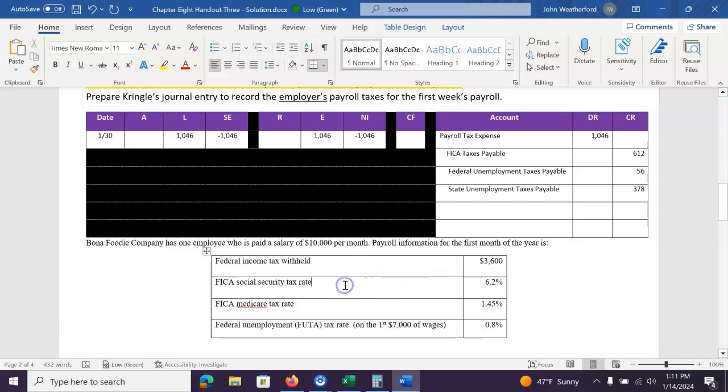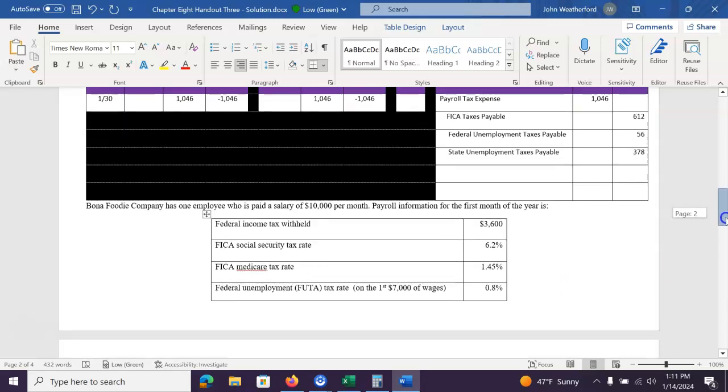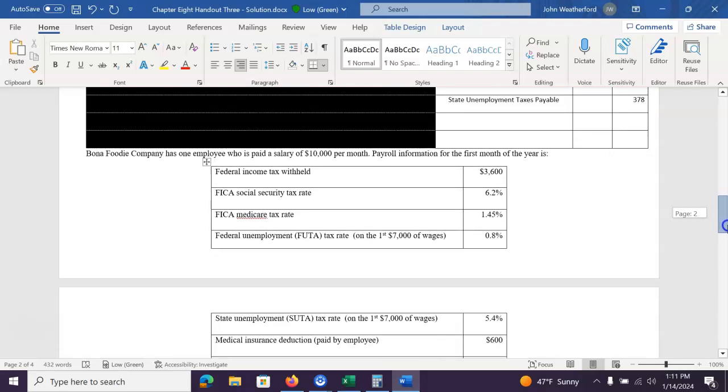The FICA, they just give us the rate for Social Security and the rate for Medicare. Again, I like to add those together and just think of the FICA rate as 7.65%. But you can handle it either way. You can calculate them separately and add it together if you'd like.